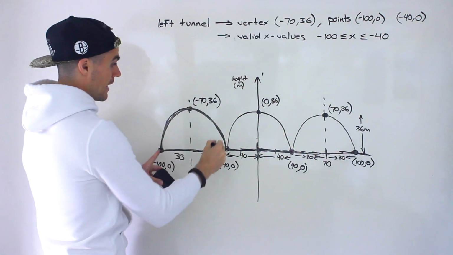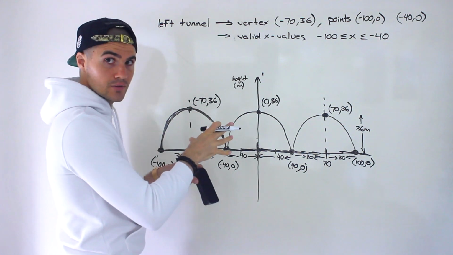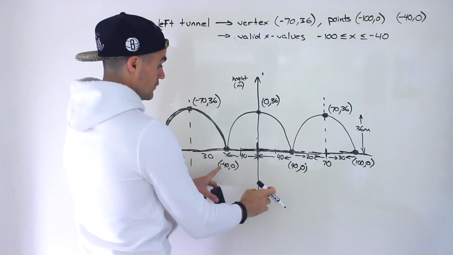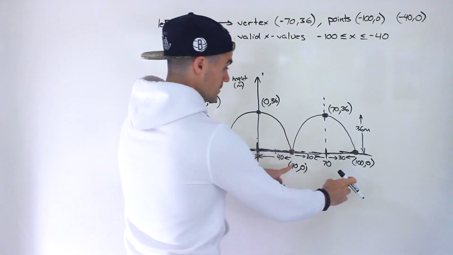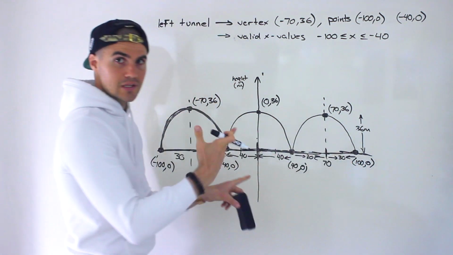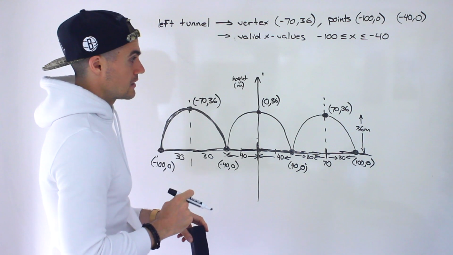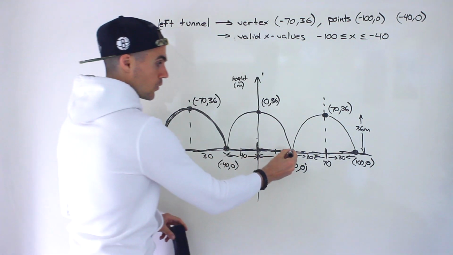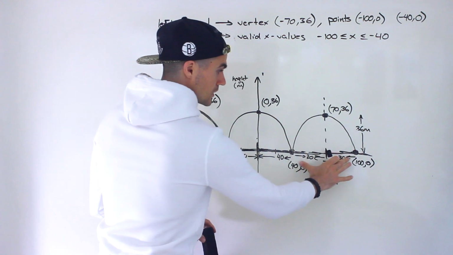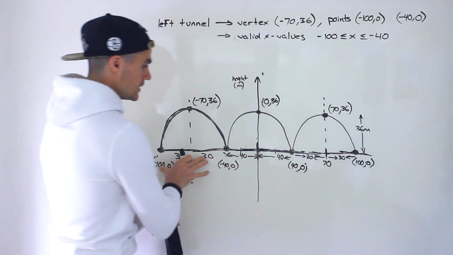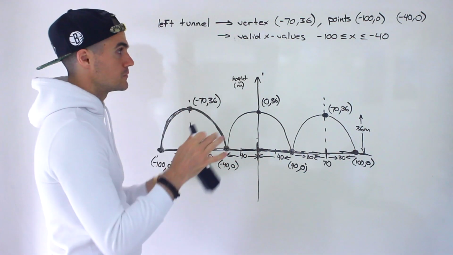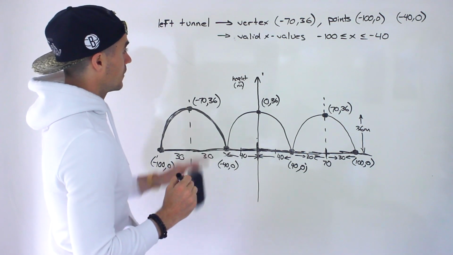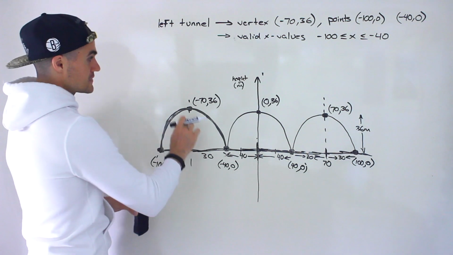That's what this parabola in this scenario is limited to. And then this one's going to be from -40 to 40. This one's going to be from 40 to 100. So that's what they mean by those valid x values, and that's why we wanted to find these coordinates over here as well, so we can know what each of these parabolas are limited to, what x values they're limited to. All right, so that is this left tunnel over here.